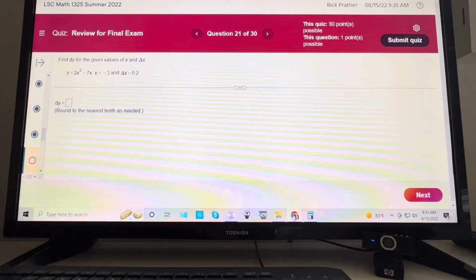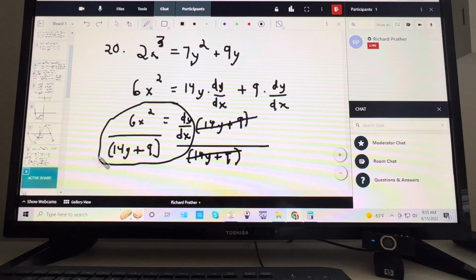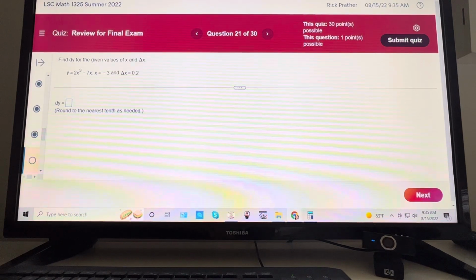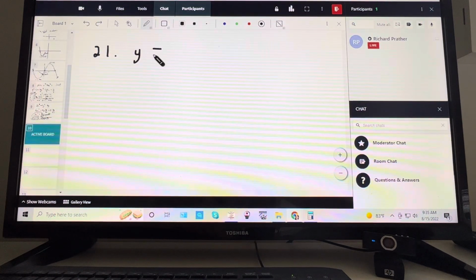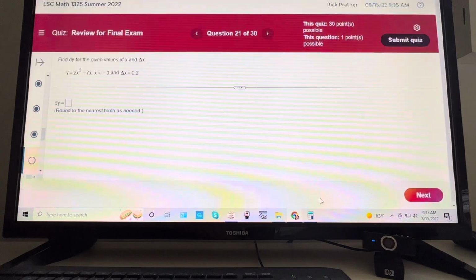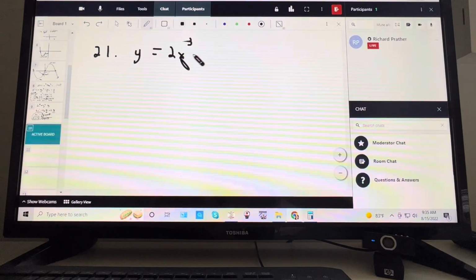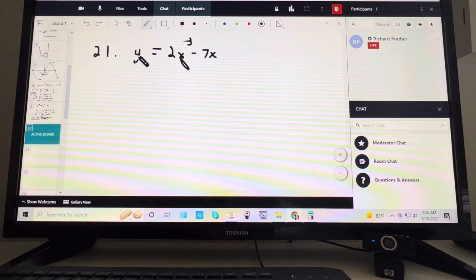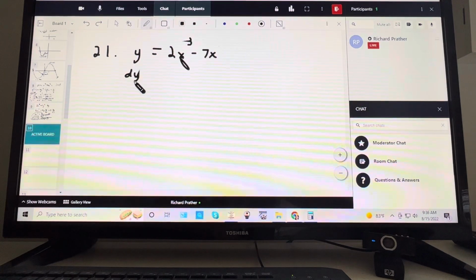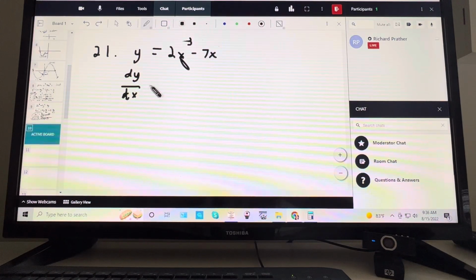Okay, so that's what happens on this one. First, you're going to do the same thing as 20. y equals 2x cubed minus 7x. So the derivative of y is 1 times dy over dx, or as we learned when we first learned derivatives, the one symbol for saying I'm doing the derivative of y is to say dy over dx.